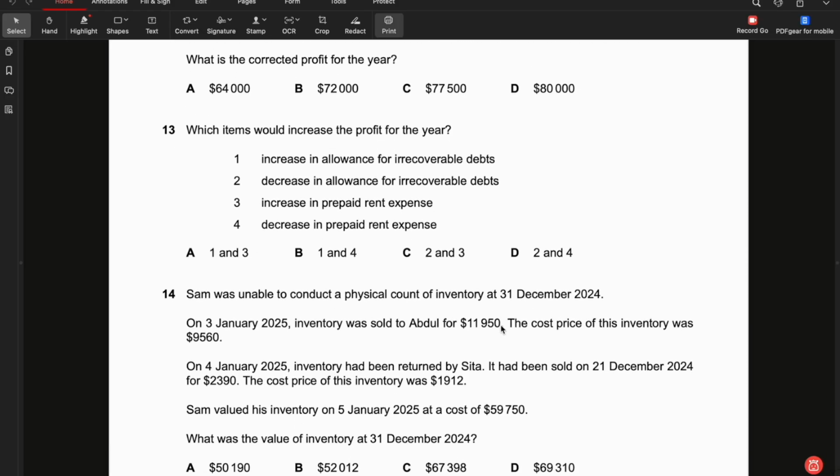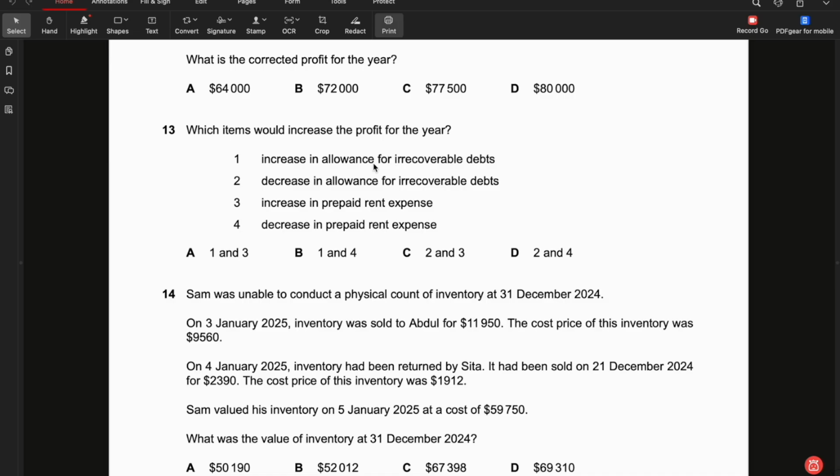Number 13, which item would increase the profit for the year? Number 1, increase in allowance for irrecoverable debt; 2, decrease in allowance for irrecoverable debt; 3, increase in prepaid rent expense; and 4, decrease in prepaid rent expense. So if the allowance for irrecoverable debt increases, then we need to add more amount to it.